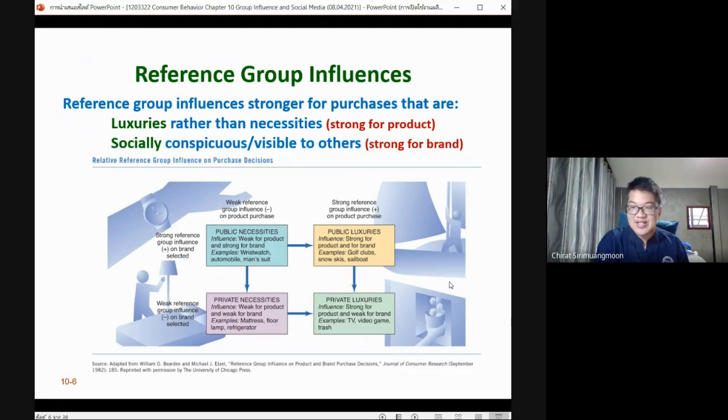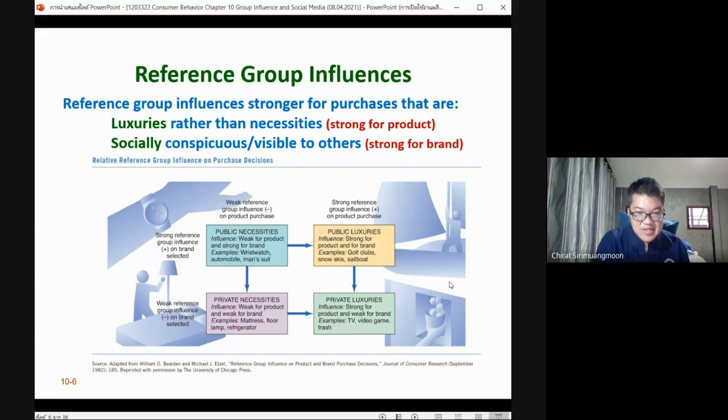This is the case that is most important, where you need to have both public and luxuries dimensions. Why do we need to be concerned about this? Because it is about the public, that other people see you. So we focus on the brand. Then luxury means if you have this item, other people are going to perceive you as a rich person. So you have the strong for products. Mostly the consumer behavior analysts and also the marketers are concerned about these two terms, luxuries and publicly.